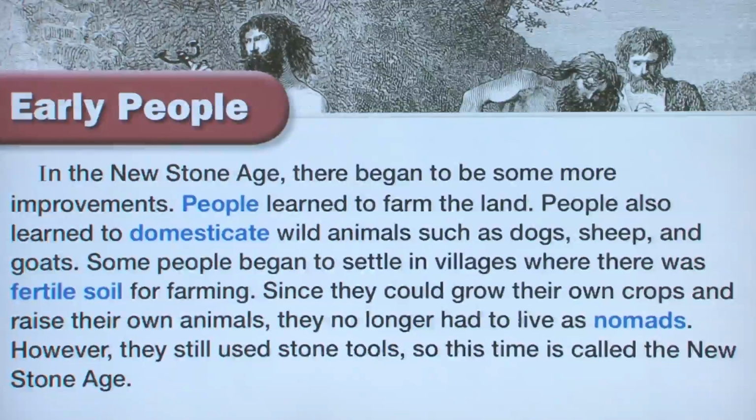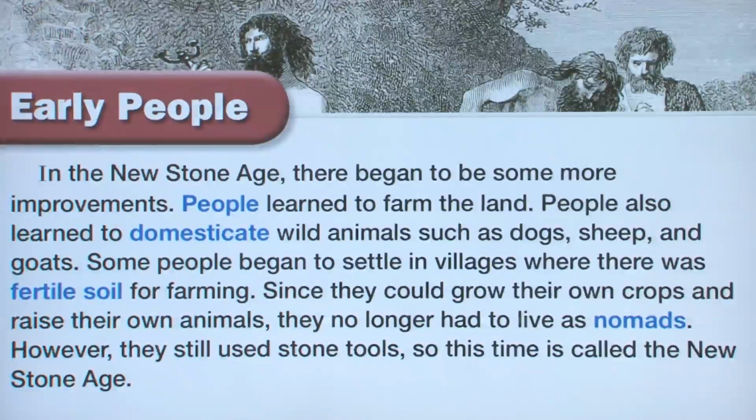In the New Stone Age, there began to be some more improvements. People learned to farm the land. People also learned to domesticate wild animals such as dogs, sheep, and goats. Some people began to settle in villages where there was fertile soil for farming.